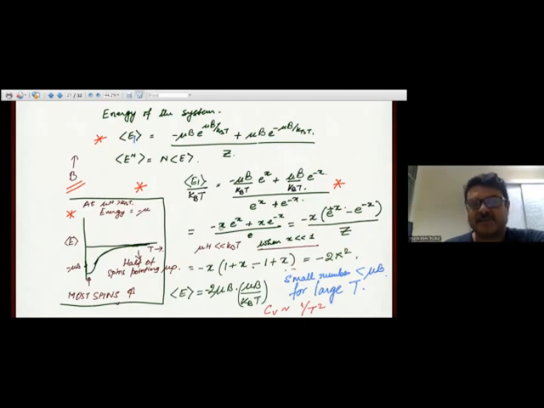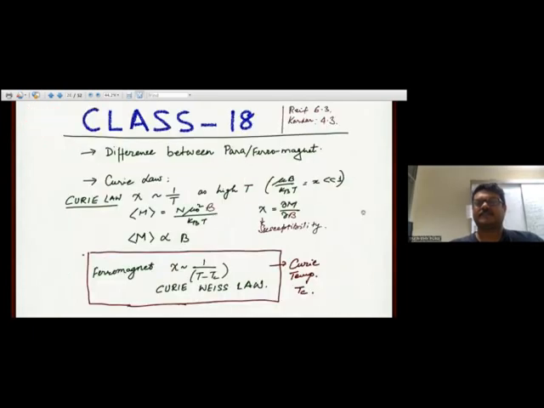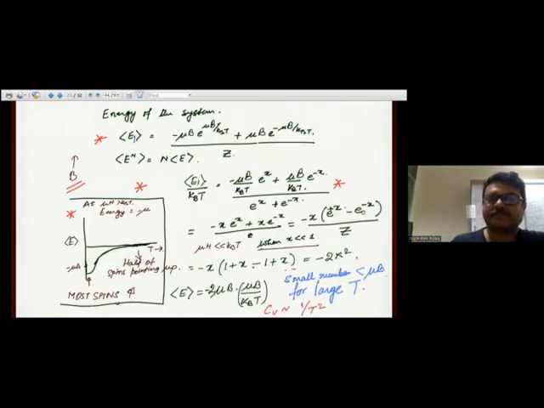And this helps us, by introducing this extra kBT, to write this as minus x plus x. We can take minus x out. We can write it as e to the power plus x minus e to the power minus x, of course, divided by the partition function.